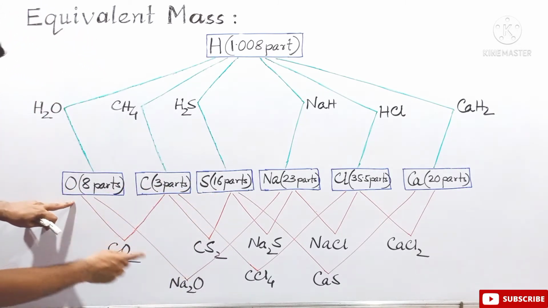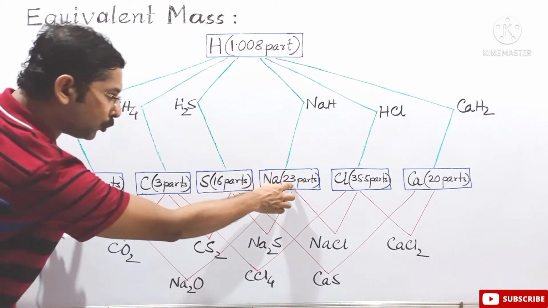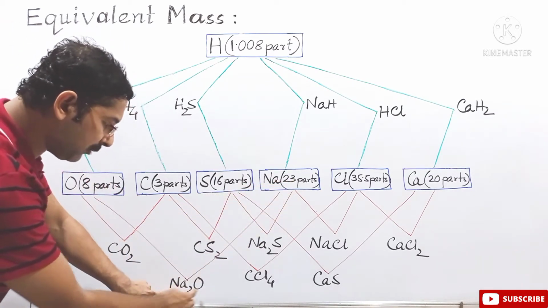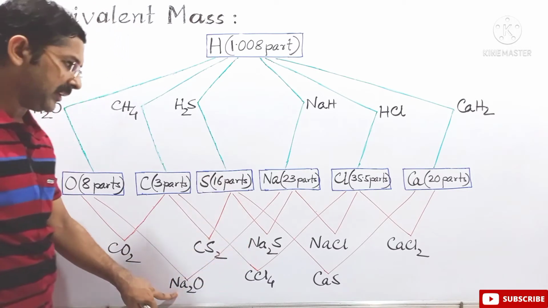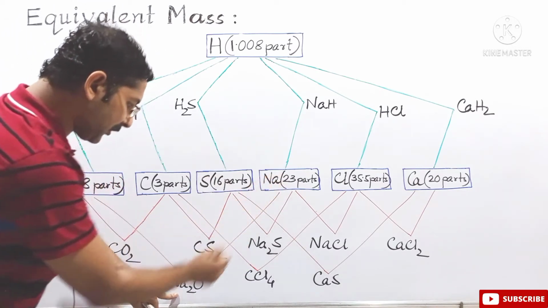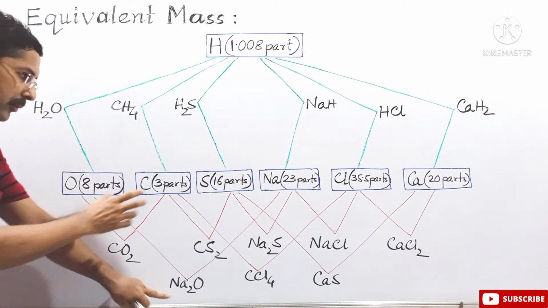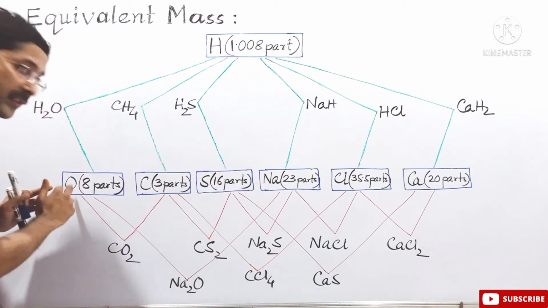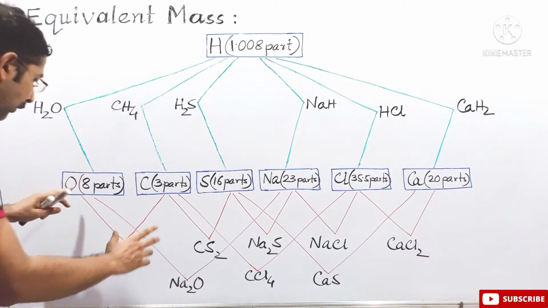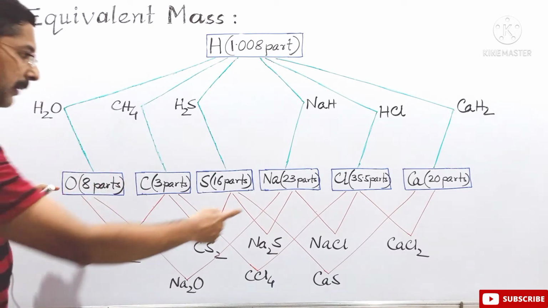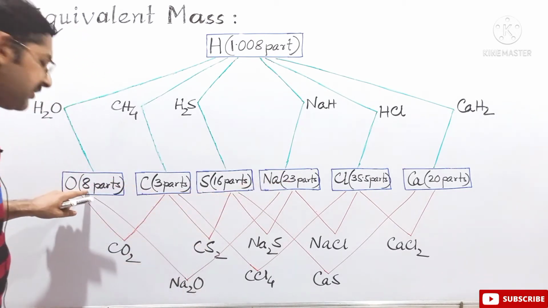Okay, look here, sodium 23 into 2, this is 46 parts of sodium, will combine with 16 parts of oxygen. So 23 parts of sodium will combine with 8 parts of oxygen. So when sodium and oxygen combine together, of course they combine in the mass ratio of 23:8.